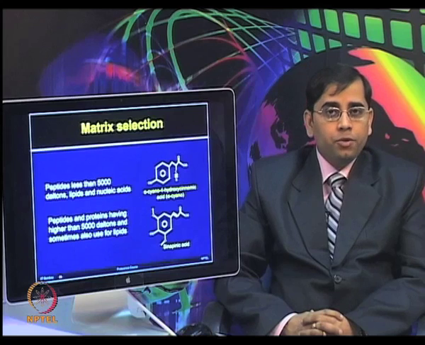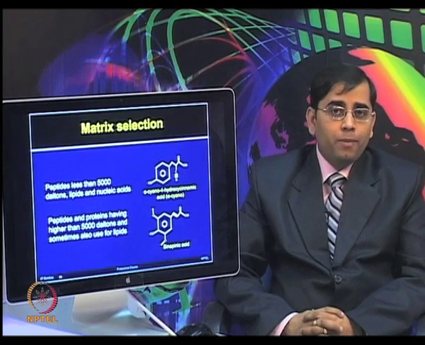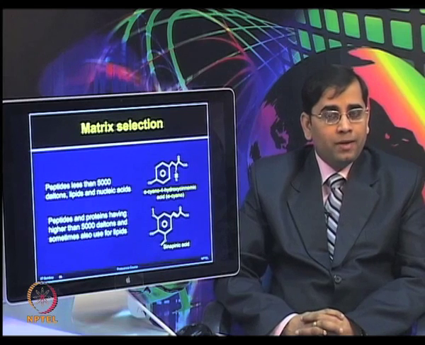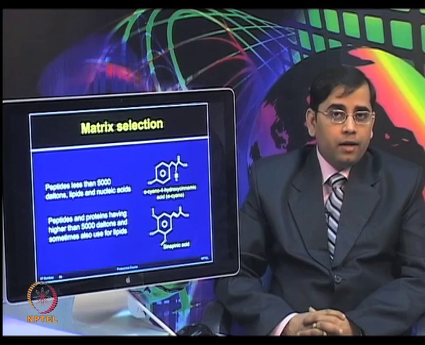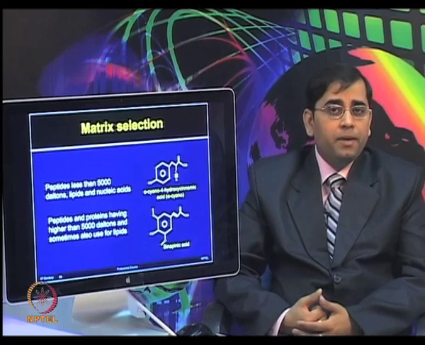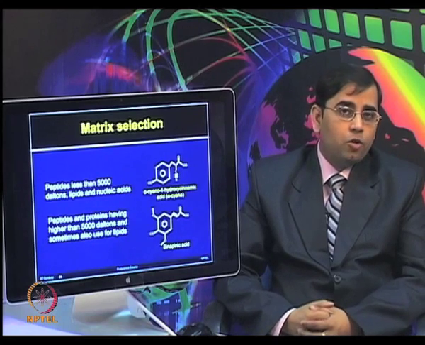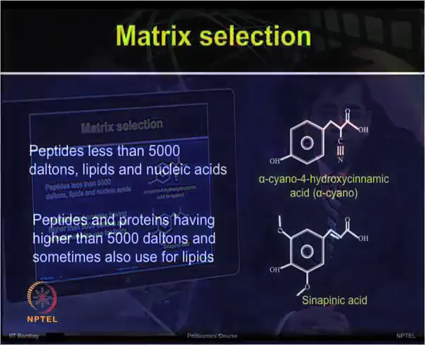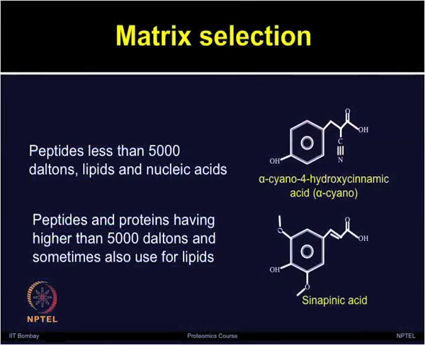In the slides, I am giving you an overview of a few matrices and some of their properties, but there are many more properties which are not mentioned here, just to give you certain major features of these matrices commonly used for various applications. So, one is alpha-cyano-4-hydroxycinnamic acid.